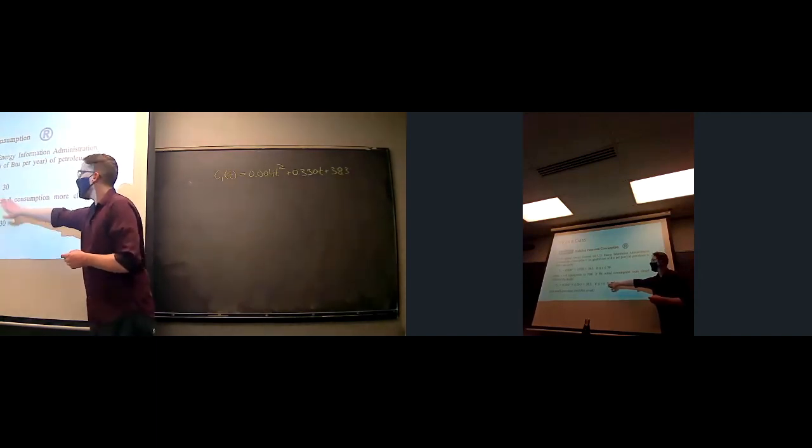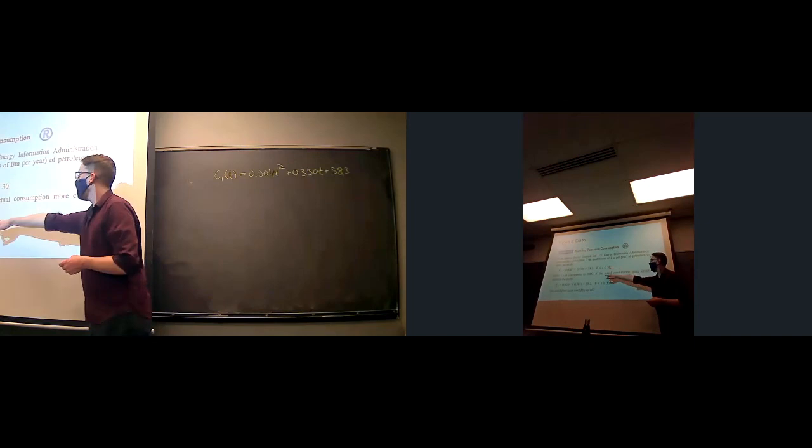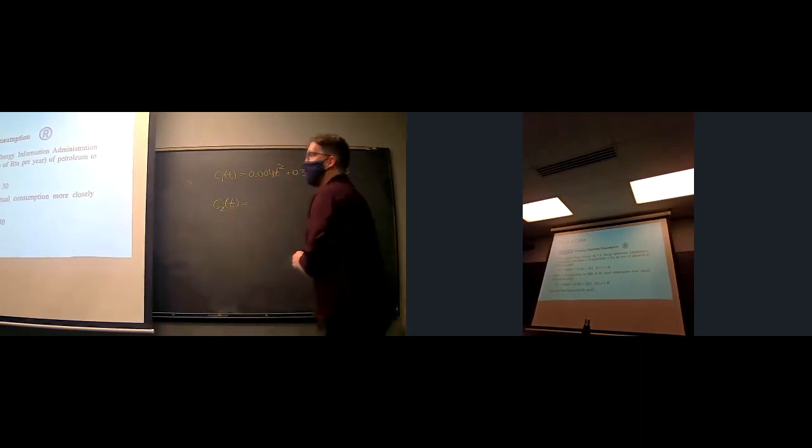And in the second, in the actual model, so what actually happened, what this problem is saying is they think C1 is going to happen. What actually happens is C2. That's going to be the equation 0.005t squared, excuse me, 0.301t plus 38.2.